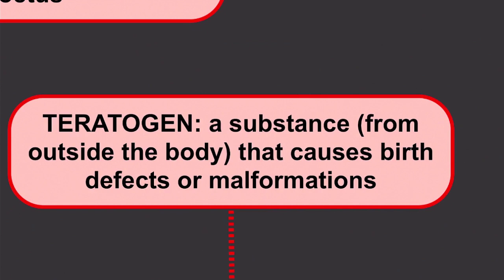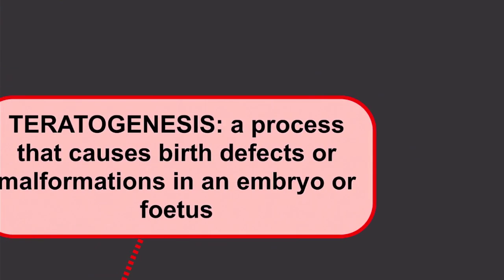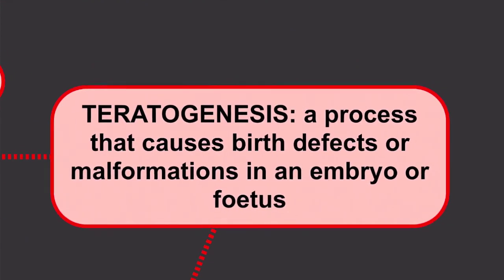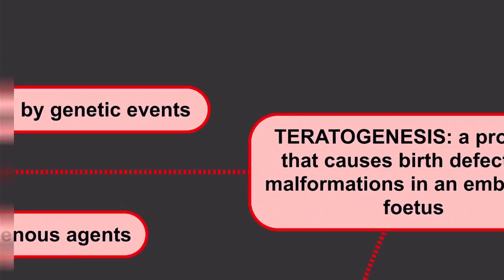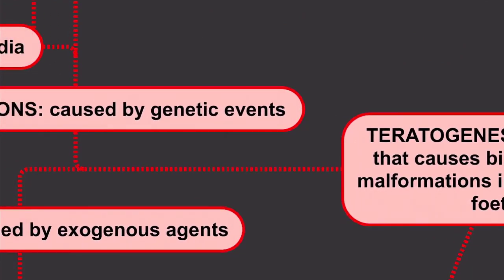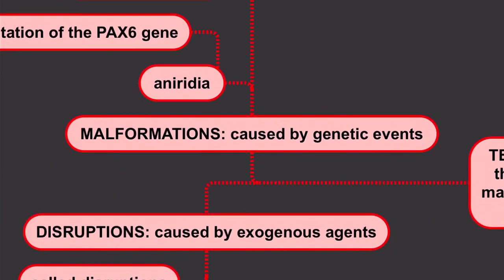I'm not wasting words, and at the same time I have captured the central idea. And teratogenesis is a process that causes birth defects or malformations in an embryo or fetus. If you have studied your developmental biology carefully, you very well know the difference between embryo and fetus. And then there are 2 ways when such abnormalities arise.